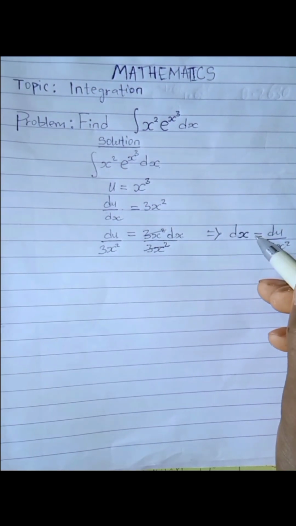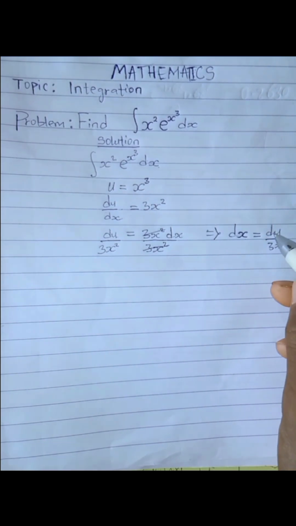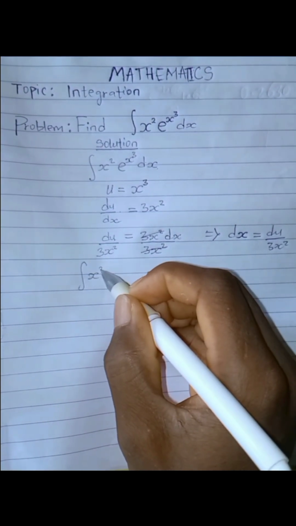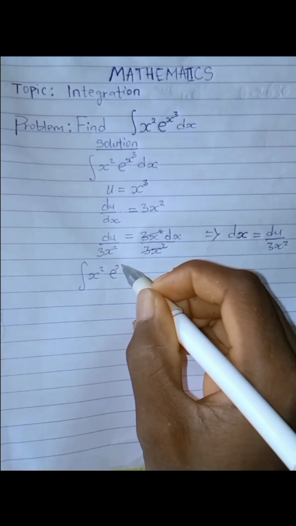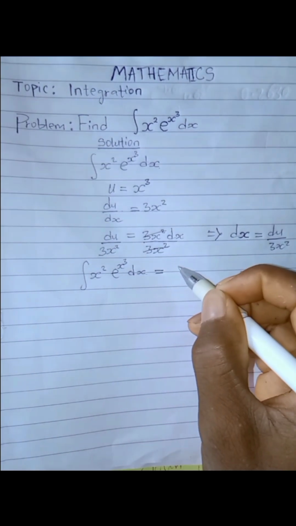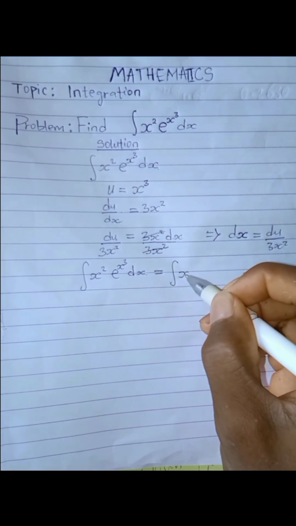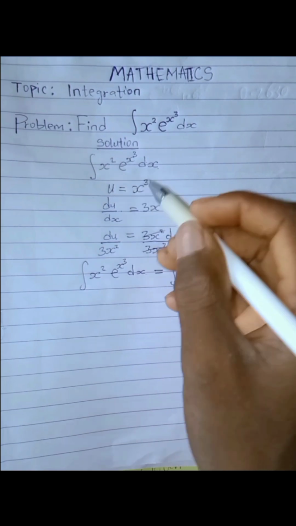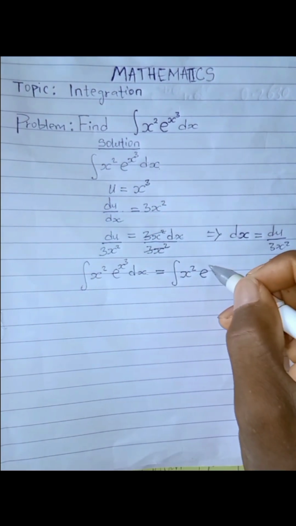In place of dx in this equation, we are going to put du over 3x squared. We will now have the integral of x squared exponential x raised to the power 3 dx equals the integral of x squared exponential. In this case, we said u is equal to this, so instead of this, we are going to put u in place of it.